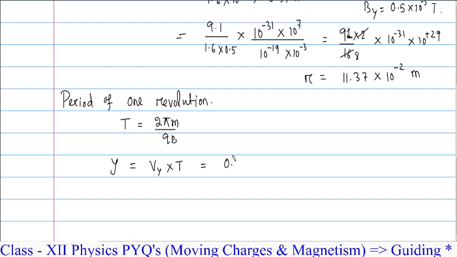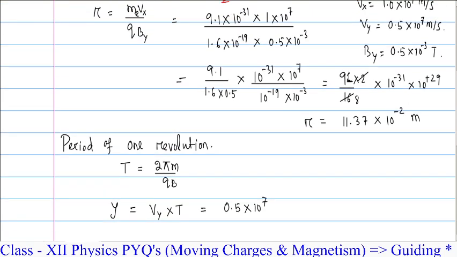So what is the velocity along y direction? It is 10 to the power 7. Let me check first.